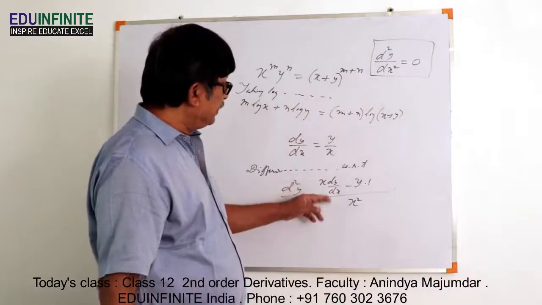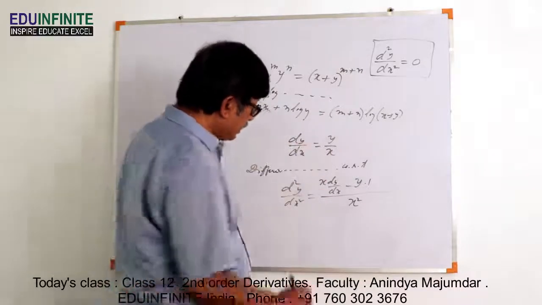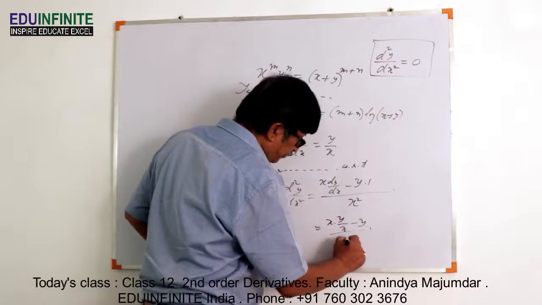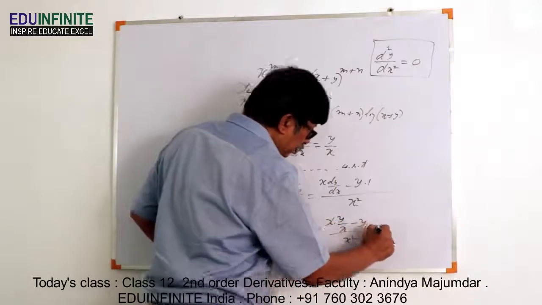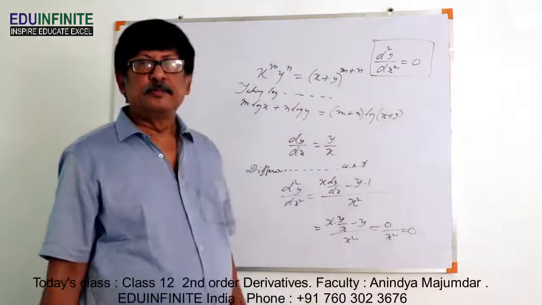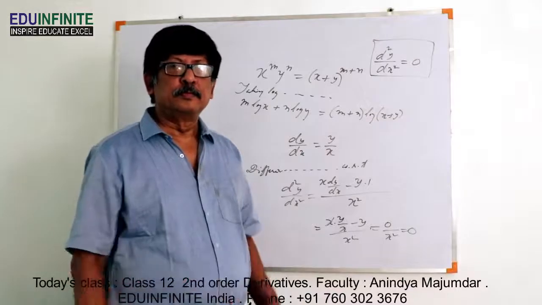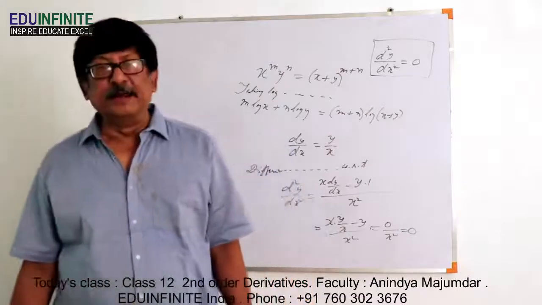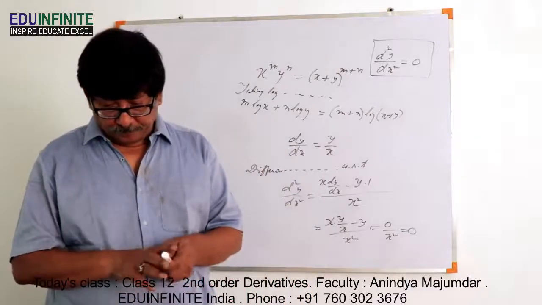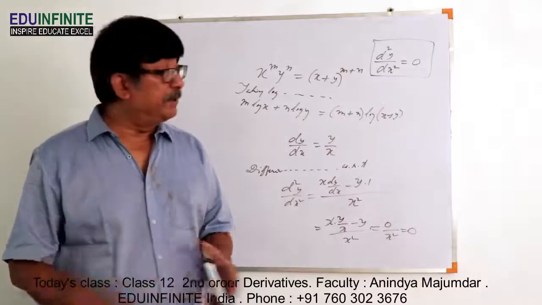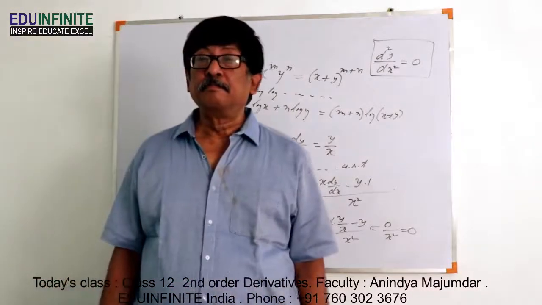What is dy/dx? y by x, I substitute that. x cancels. y minus y is 0, by x square. Answer is 0. Is it okay? If you find any difficulty, please let me know. Can I have it? Yes, sir. Okay.